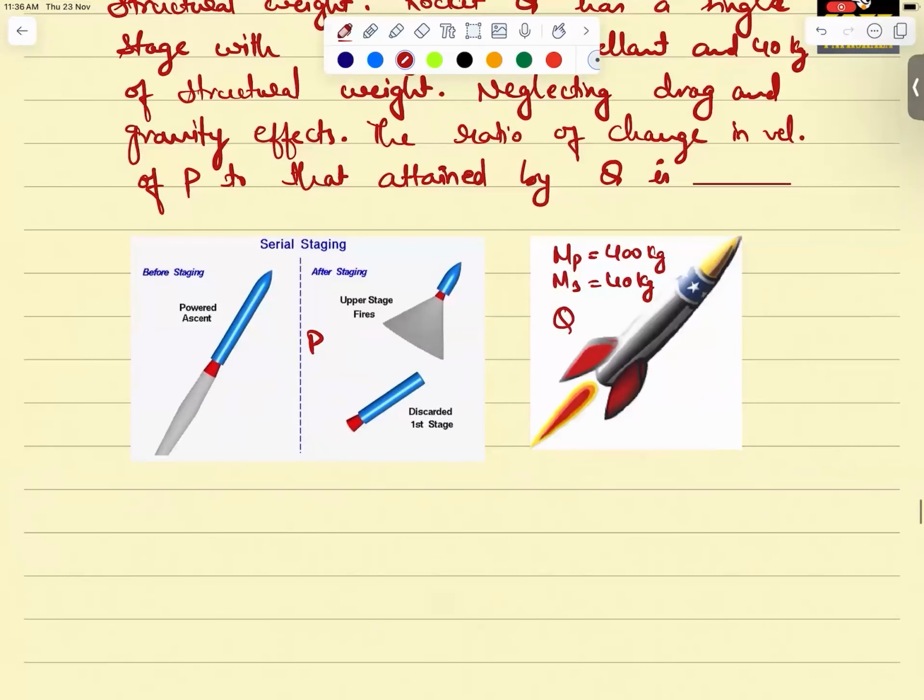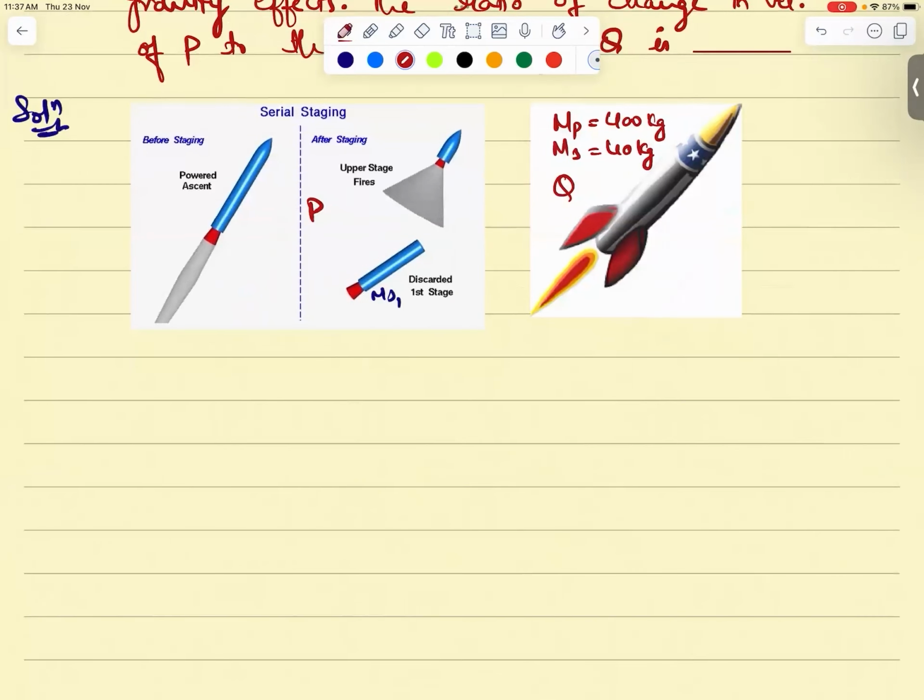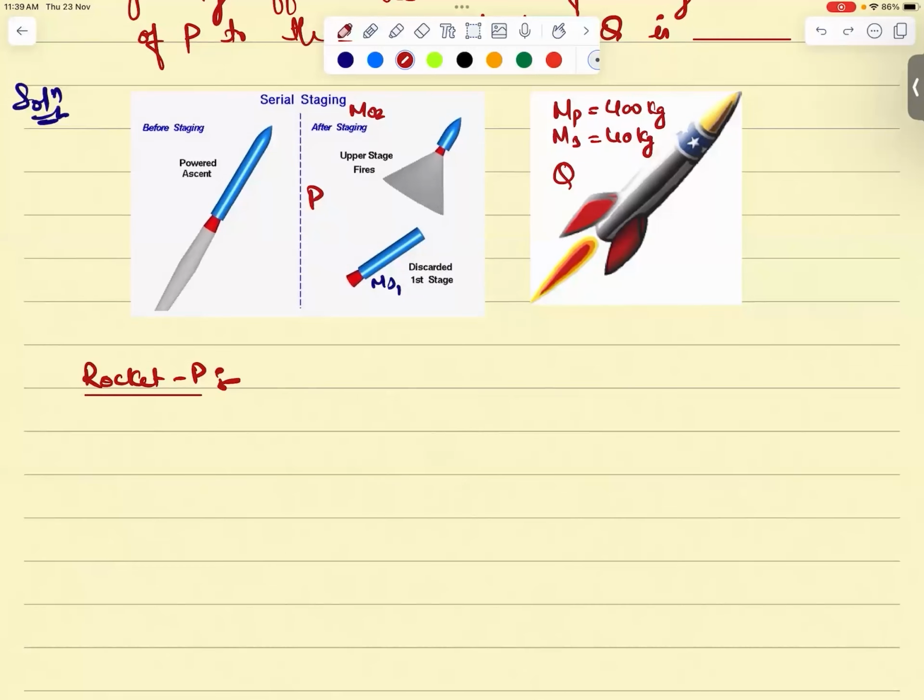So let's solve for rocket P first. This discarded mass will be the structure of stage 1, and the propellant mass has to be subtracted. Before staging, the initial mass is m01.